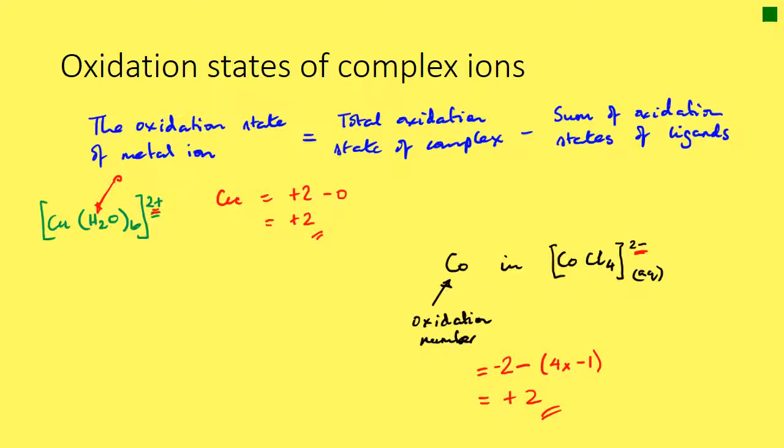Let's do another example here. So let's say we had an exam question which said, what is the oxidation state of cobalt in cobalt chloride? So let's say cobalt in a cobalt chloride complex.